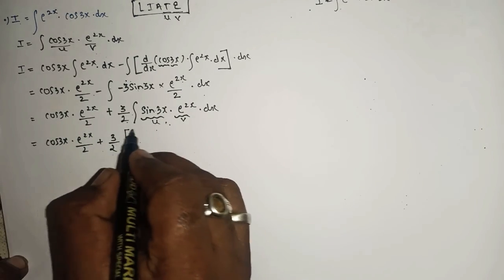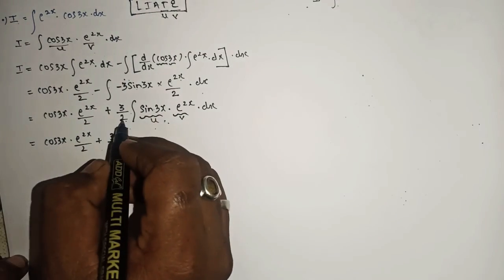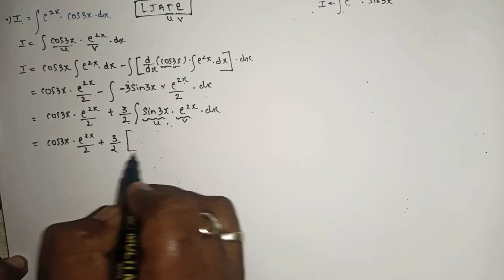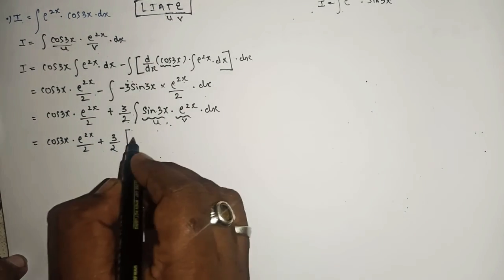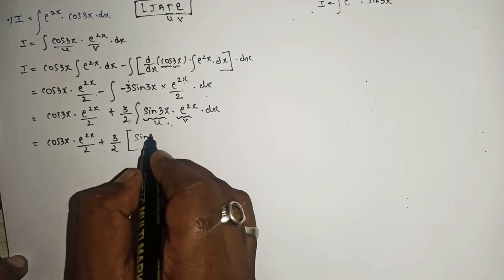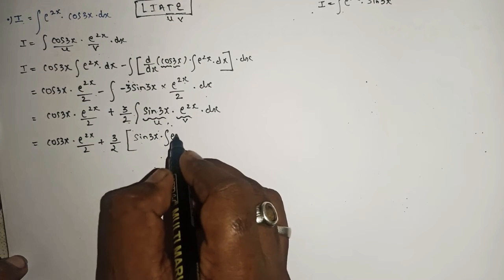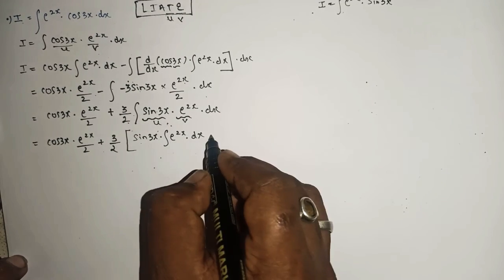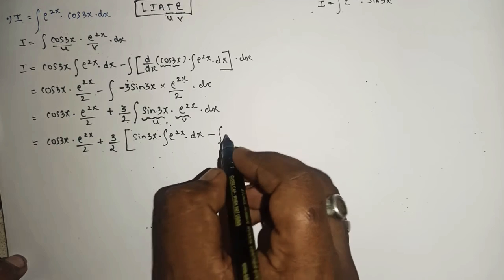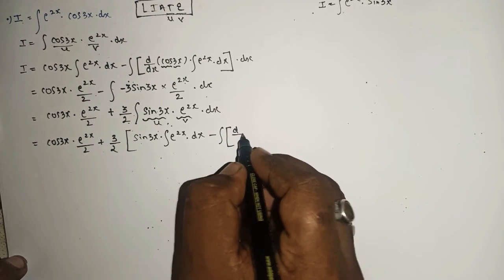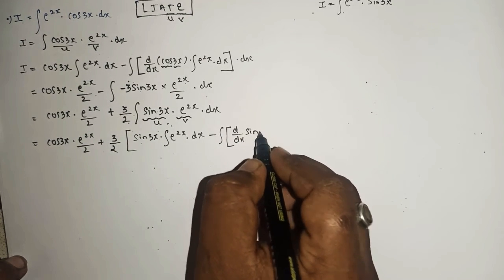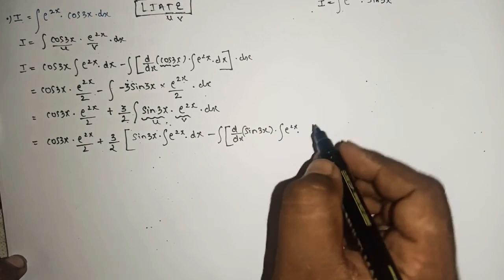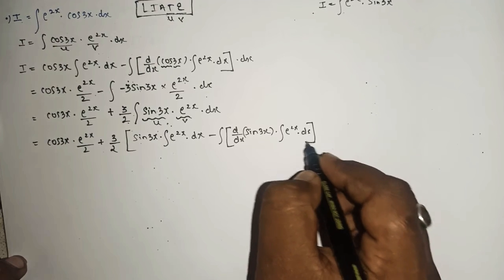So now we'll solve that part inside the box as 3 upon 2. It is common for both. So we'll take this 3 upon 2 outside the box and we'll apply the formula now. So sine 3x into integral e raised to 2x into dx, that means u into integral of v minus integral d upon dx of sine 3x into integration e raised to 2x into dx.